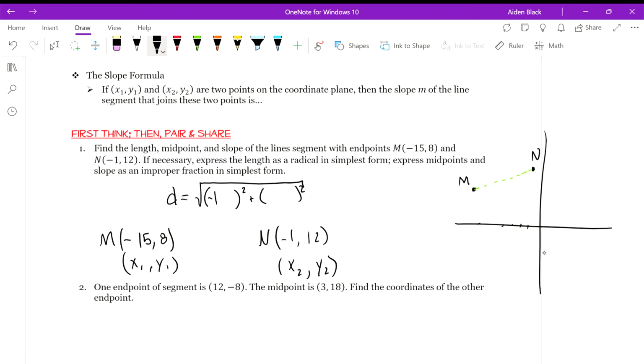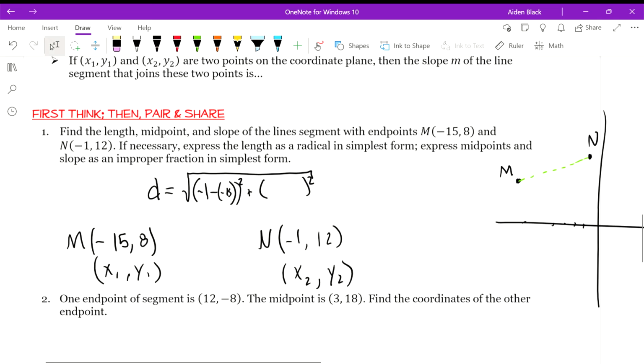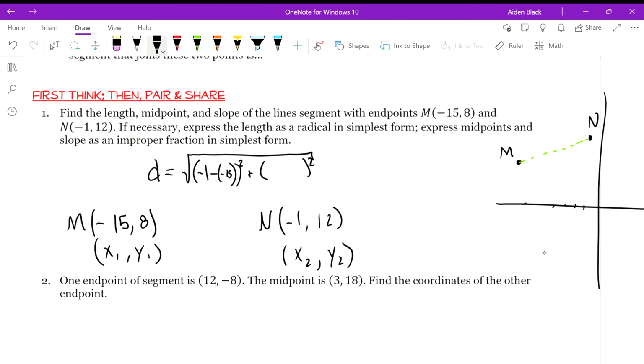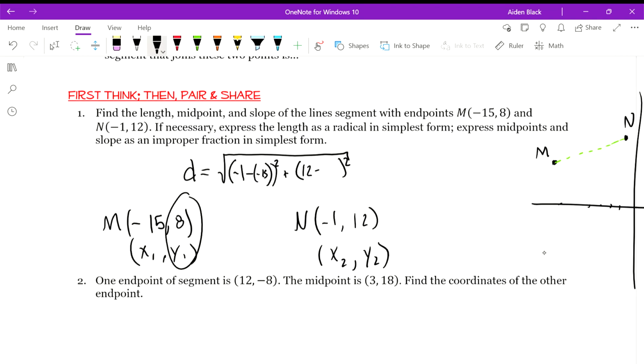So our x1 here is negative 15, minus negative 15. Okay. And then our next part is y2 minus y1. So what's our y2? It's 12. So 12 minus, and what's our y1? 8, minus 8.